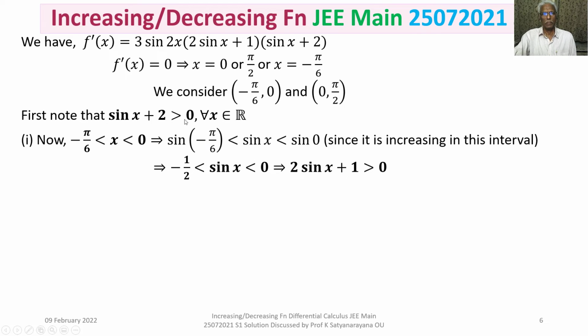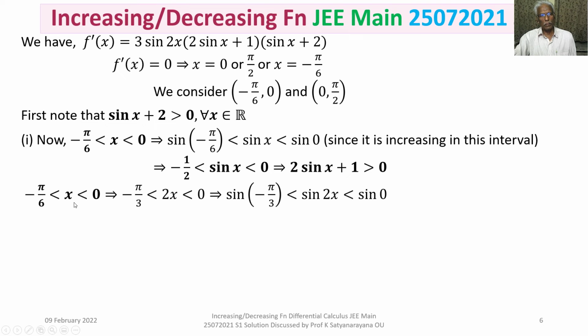So, in this interval. Now, minus pi by 6 less than x less than 0, multiply throughout by 2, we get minus pi by 3 less than 2x less than 0. In this interval, minus pi by 3 to 0, sine is increasing, therefore it will be sine of minus pi by 3 less than sine 2x less than sine 0.